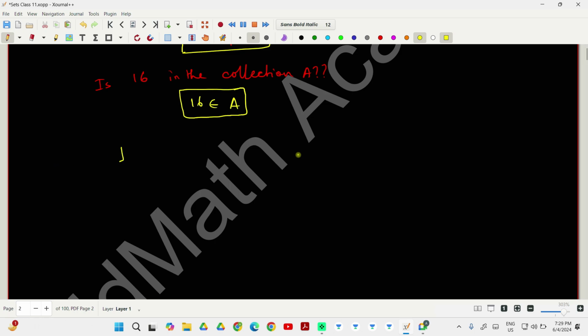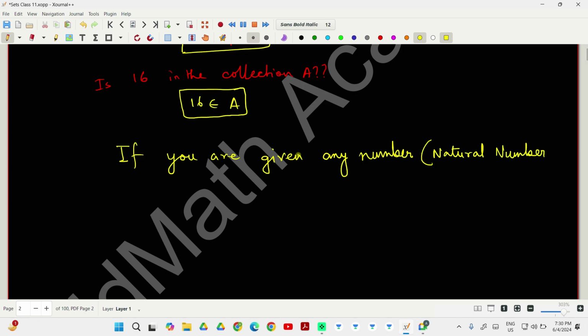If you are given any number, to be more precise, any natural number, for the time being we are restricted to natural numbers, do you know that it is either even or odd?